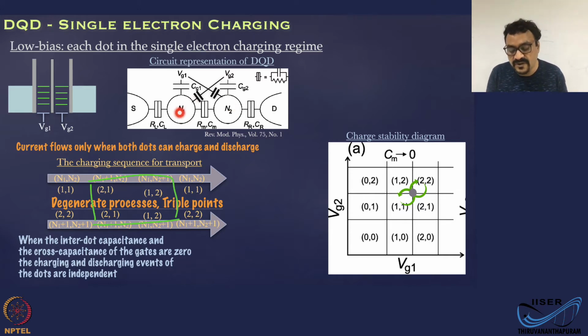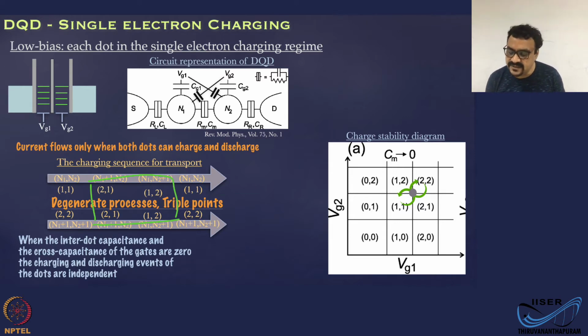You will have more and more electrons tunneling into it or out of it, but that is not going to electrostatically change the potential on N2. So these level diagrams here and these level diagrams here are not coupled. They are independent. Whenever I change VG2, I'll change only this one, I will not change this one, and vice versa.